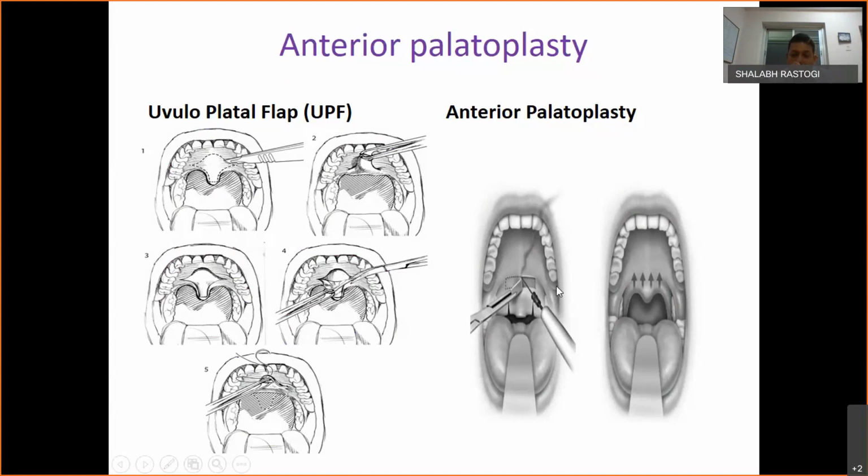Others are the cautery based or radiofrequency based anterior palatoplasty, in which you take out a strip of mucosa and submucosal tissue and stitch it together so that the soft palate shortens and comes anteriorly.